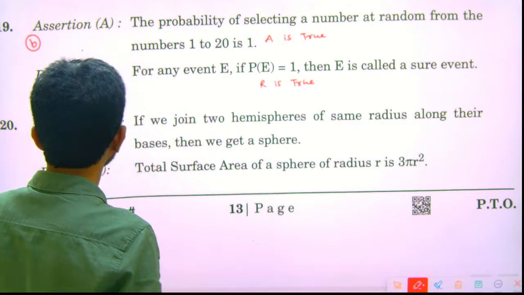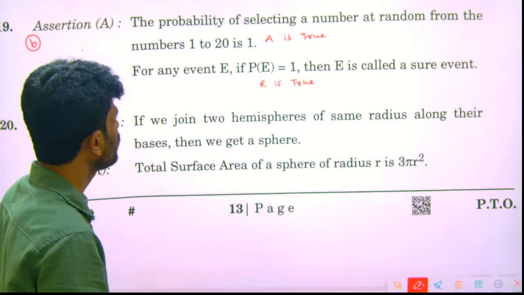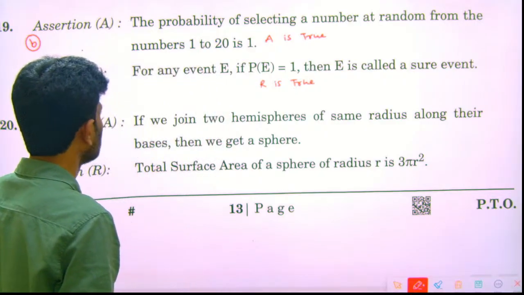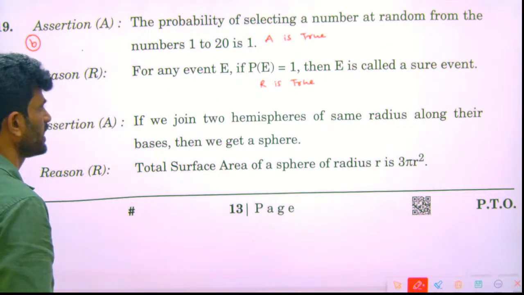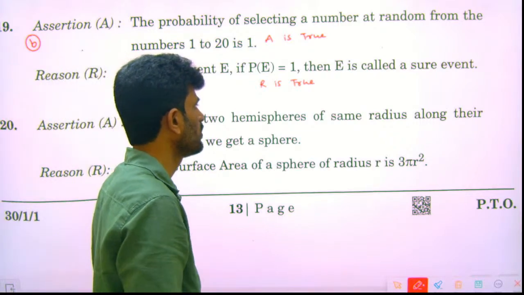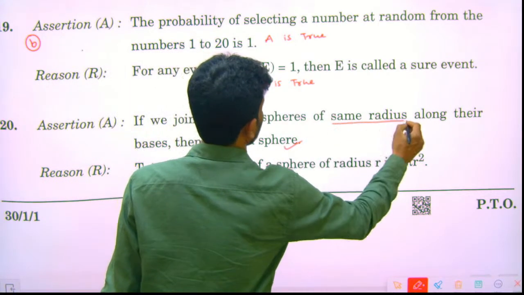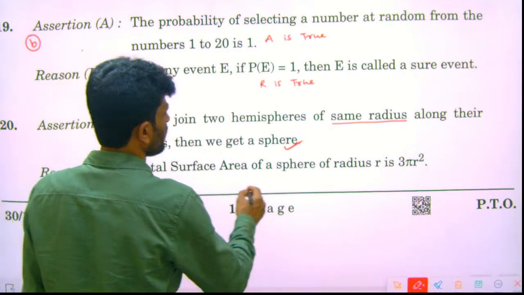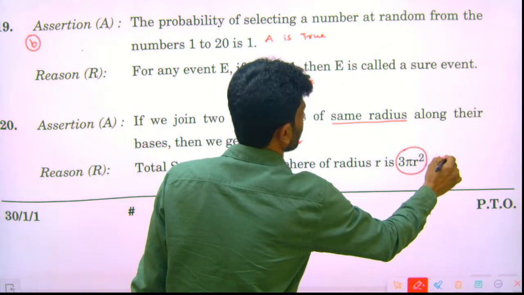Okay. And the next question, question number 20. If we join two hemispheres of same radius along their bases, then we get a sphere. Yes, when you attach two hemispheres, we get a sphere. True, when same radius they are having, we get a sphere, that is true. And the total surface area of a sphere is 3 pi r square. This is wrong because it is 4 pi r square.